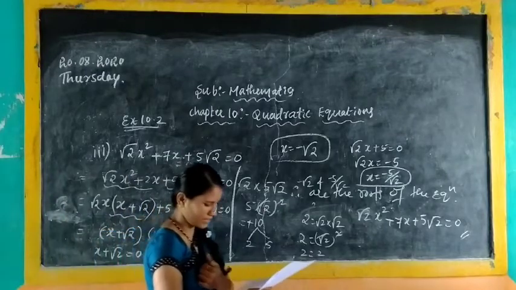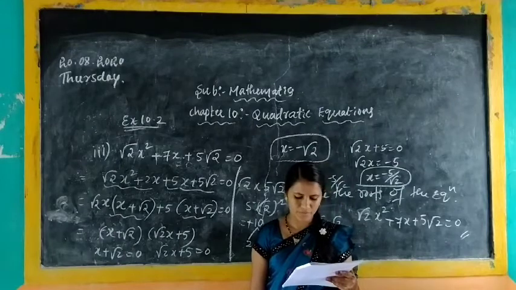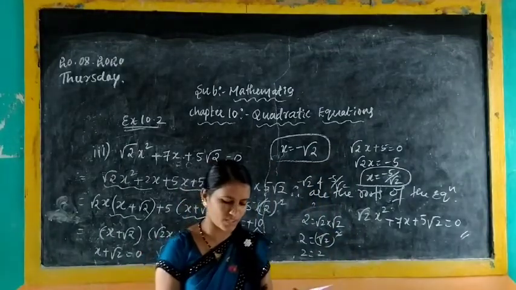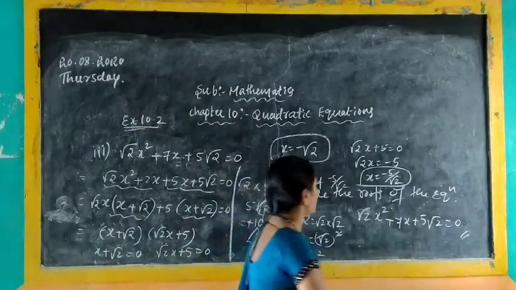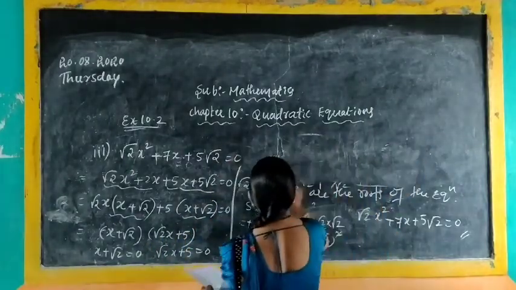Okay, next third one. Third one finished. Next fourth one: 2x square minus x plus 1 by 8 is equal to 0. Here they have given a fraction in the constant term.